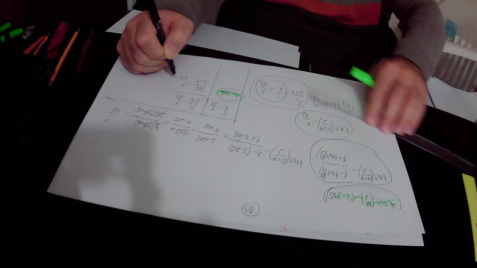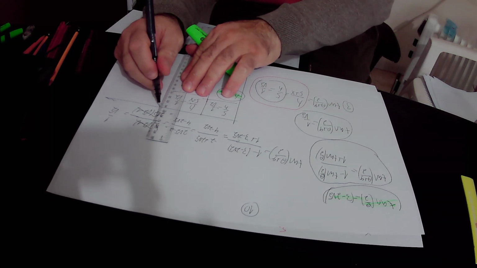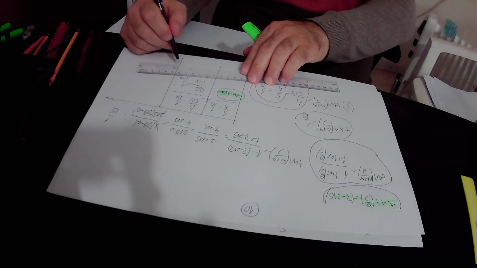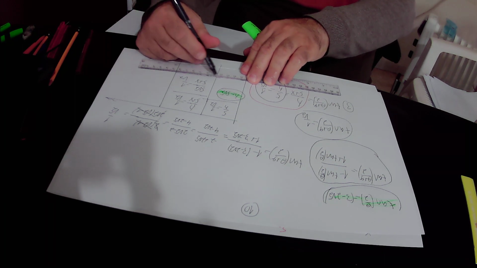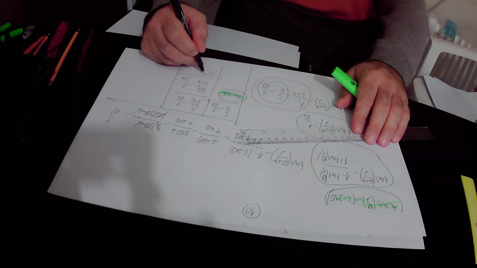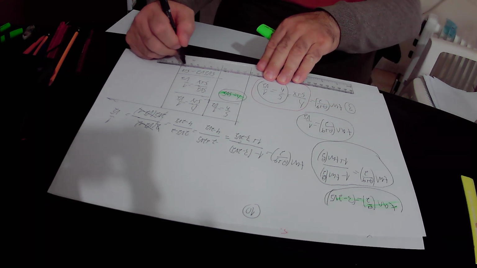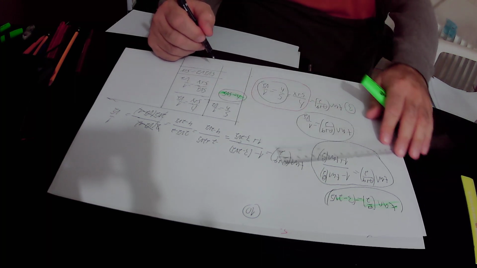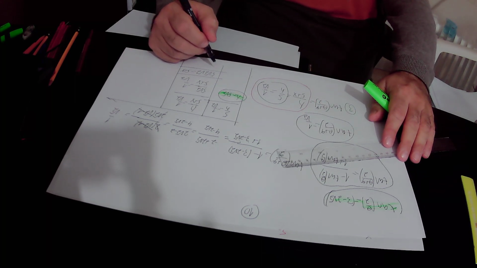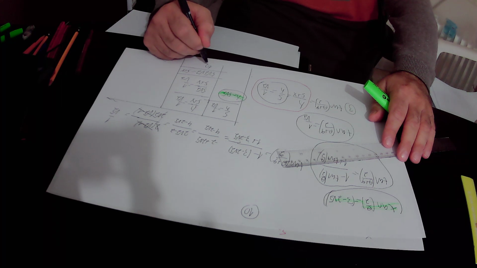Here we will cross multiply this equation and we will get that 5 times square root of 2 times square root of 2 equals 5 plus x. Here square root of 2 times square root of 2 is 2, and 2 times 5 is 10, so in conclusion we found out that 10 equals 5 plus x.